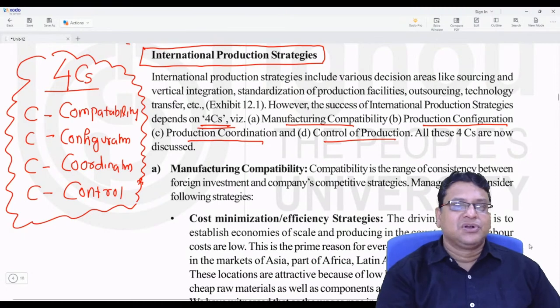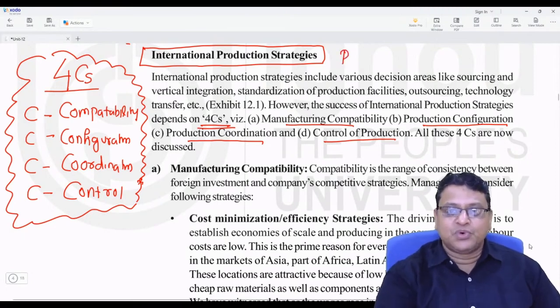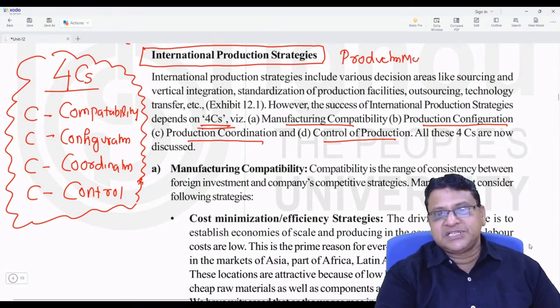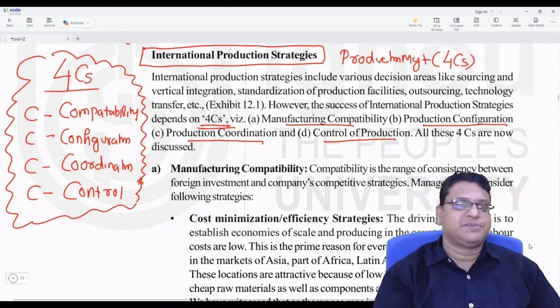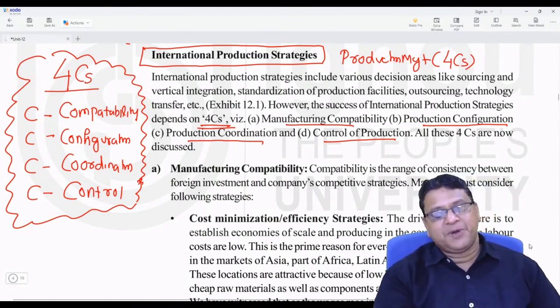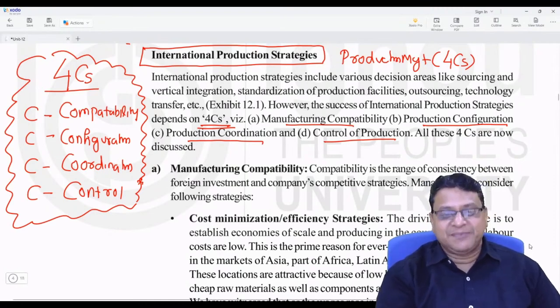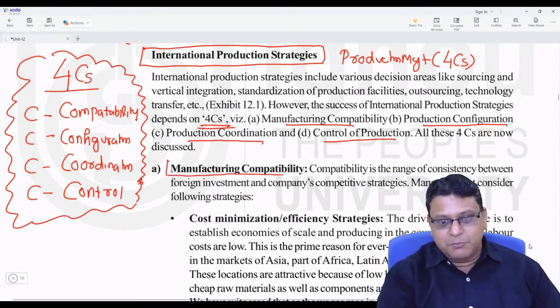So production management involves the four C's. It is an important question, the four C's of production management. We will discuss each C independently. First, we will discuss compatibility, manufacturing compatibility.